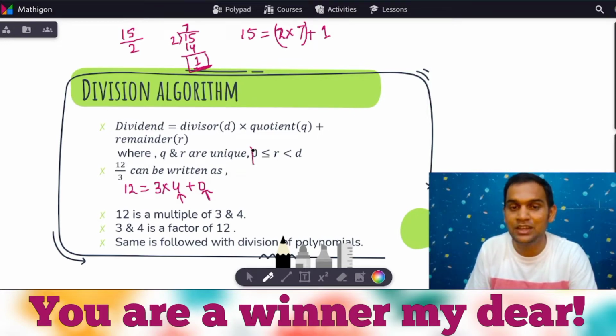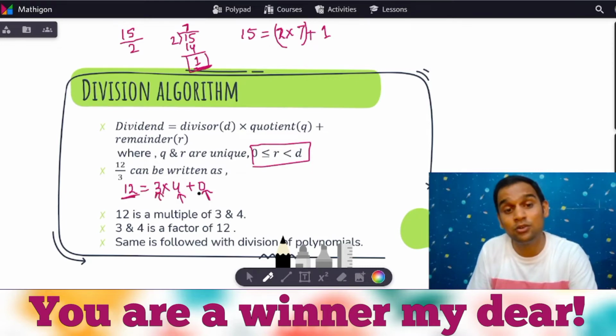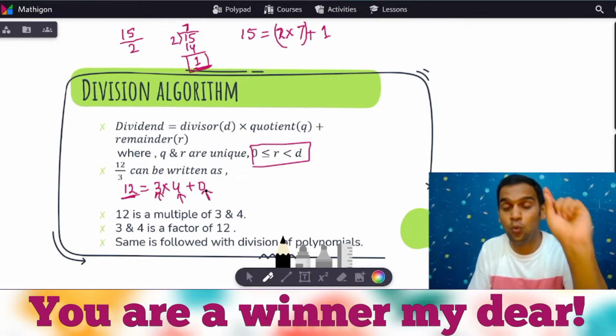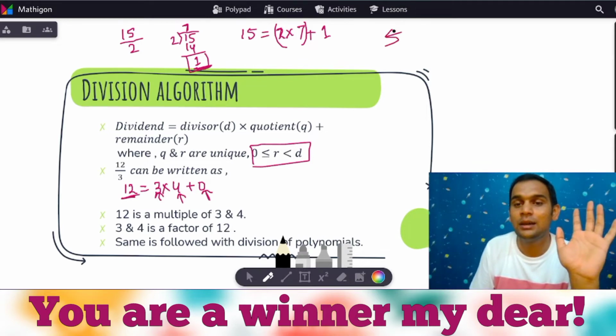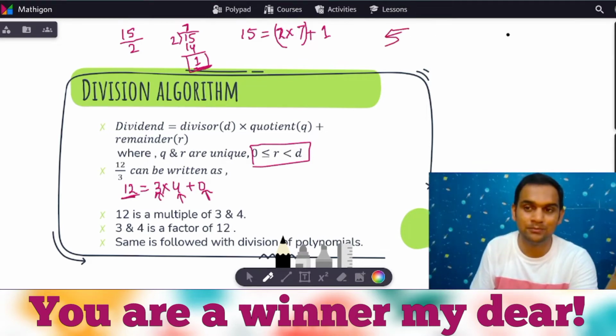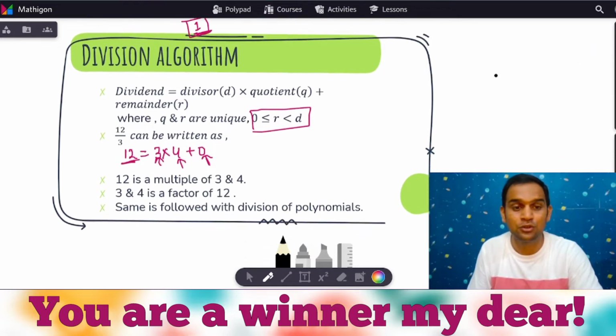The remainder is between 0 and the divisor. It can be 0 but not equal to or more than the divisor. Here also you can see the divisor is 3, so the remainder could possibly be 0, 1 and 2. If the divisor is 5, what remainders are possible? 0, 1, 2, 3, 4. I hope that is clear by now. Let's get going to the next thing.